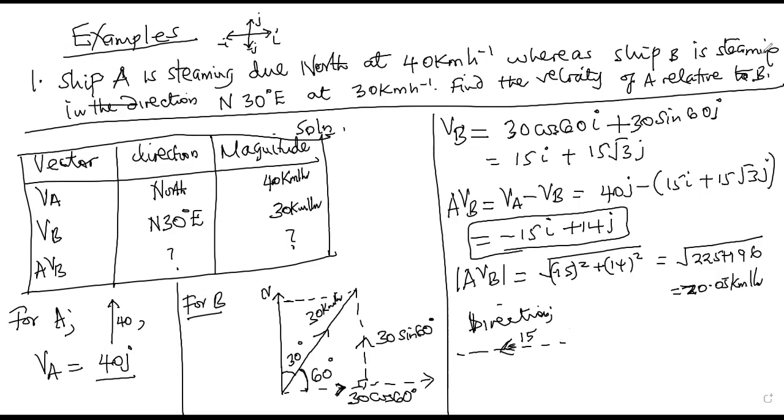Let me sketch it: negative 15I and positive 14J. Then you complete. So this is the magnitude, 20.05.